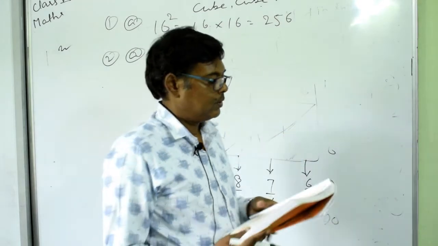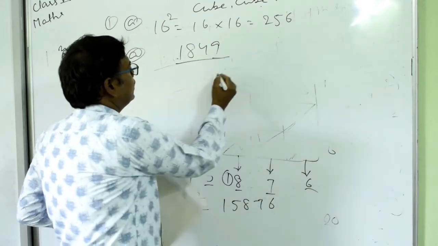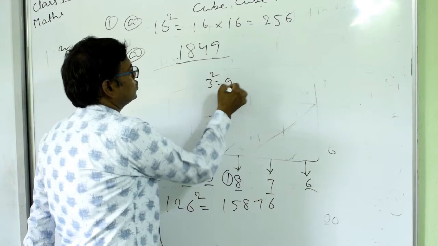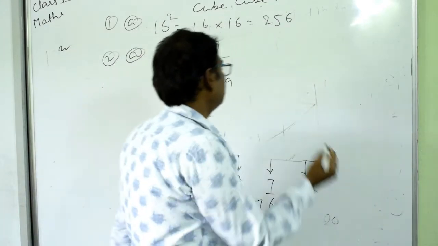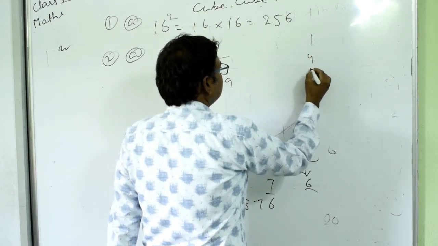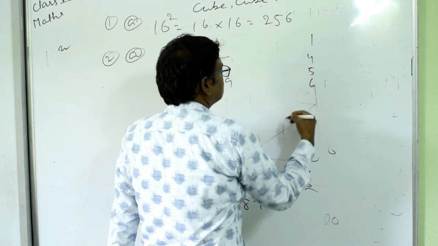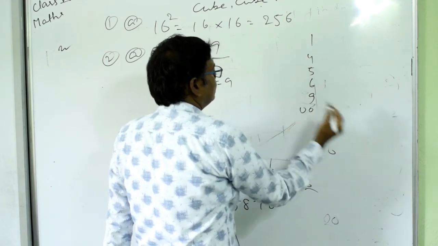So it may or may not be a perfect square, because 9 is there, and you know that 3 square is 9. In a perfect square number you may have 1, then 4, 5, 6, 7, 8, 9, and also a pair of zeros.